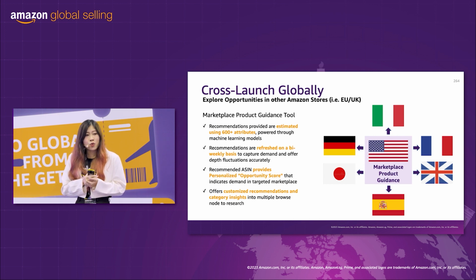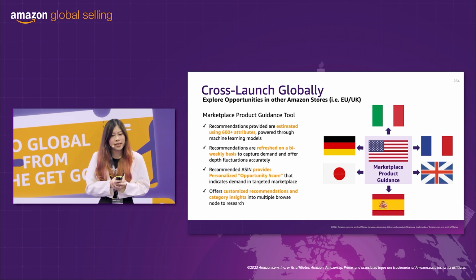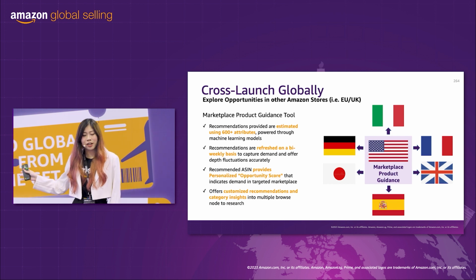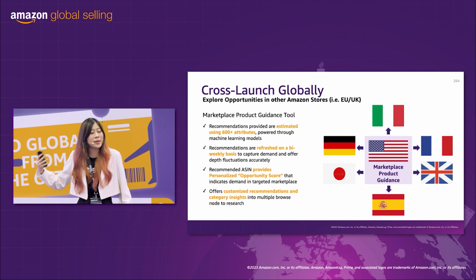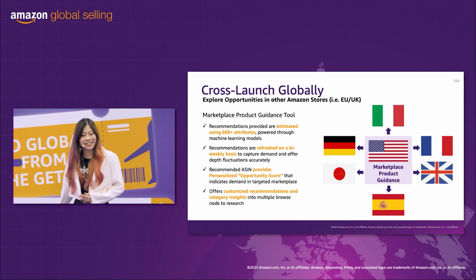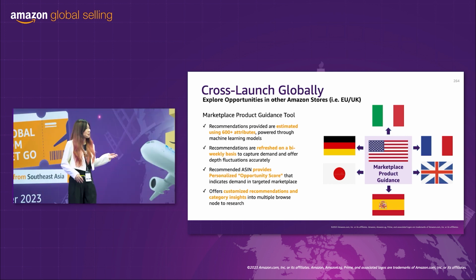Okay, so who can have access to marketplace product guidance, and when will you be recommended? So these are the eligibility criteria. Basically, you need to have made a sale in the US in the last 12 months, because we need your sales data to populate you even more data. And you need to be subscribed to the professional selling plan, similar to Opportunity Explorer.